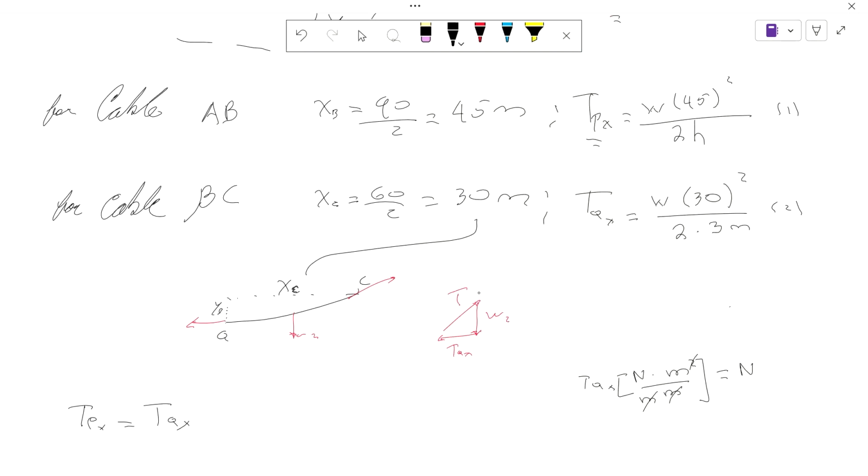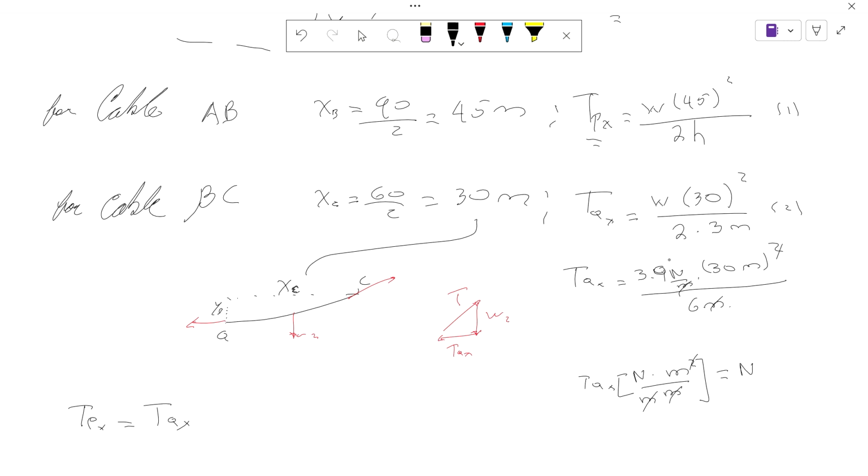So in this case, TQX is equal to 3.9 newtons per meter times 30 meters squared divided by 2 times 3, which is 6 meters. So meters and meters cancel, and we have units of newtons.